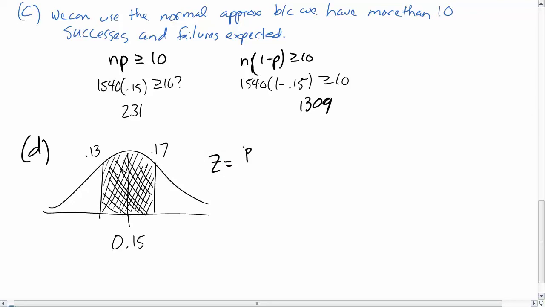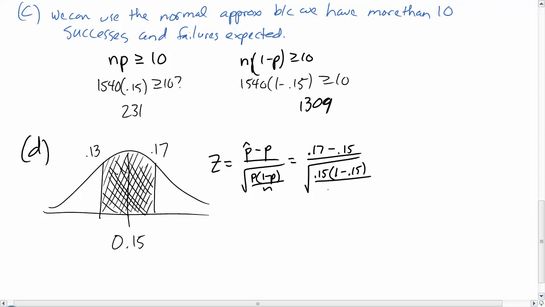The z-score formula is p hat minus p over the square root of p times 1 minus p over n. Again, be careful with how you plug this in. For the first one, that's 0.17 minus 0.15 over the square root of 0.15 times 1 minus 0.15 over 1540. Be careful, in the bottom you're plugging in the population value, not the p hat value.